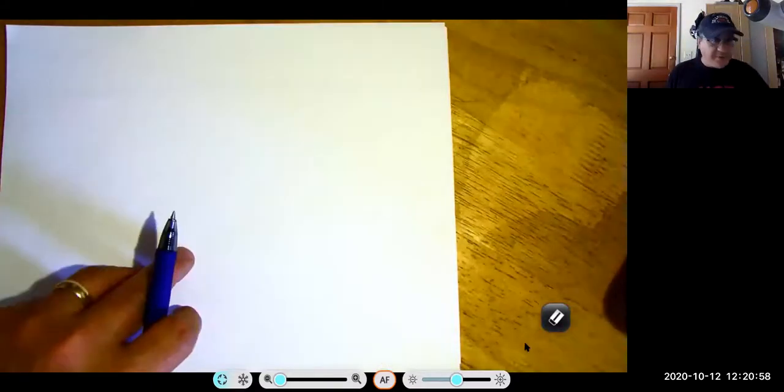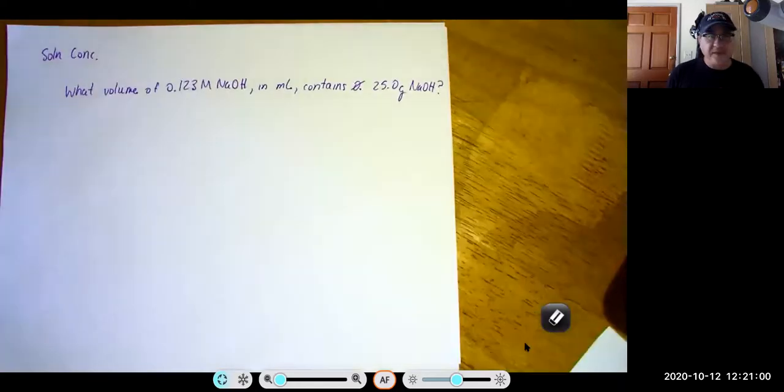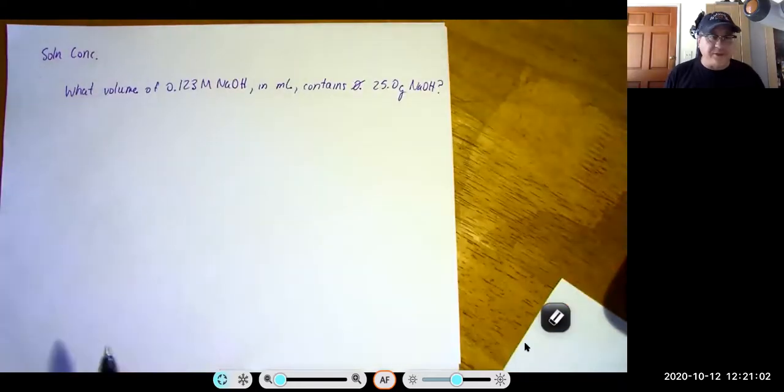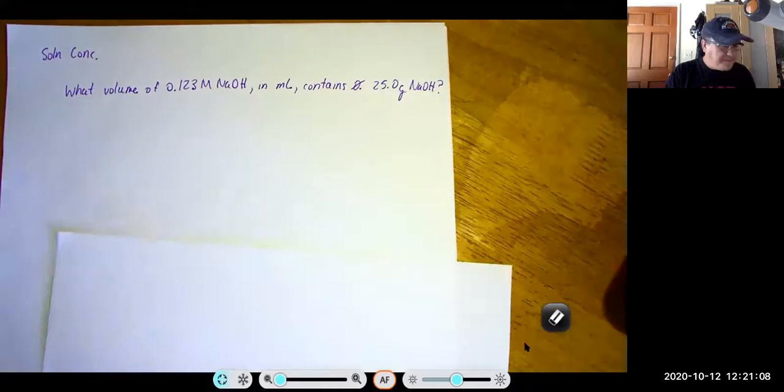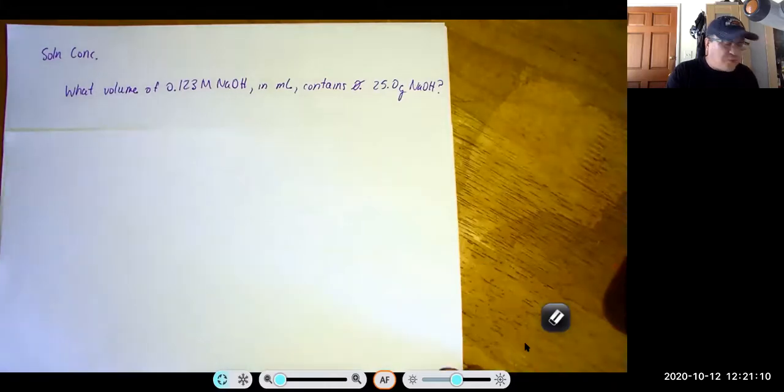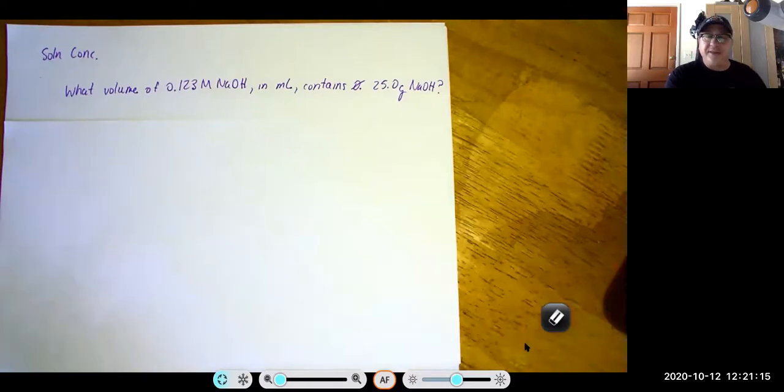Here's a question from the book. I'm not sure, am I sharing my screen with you so that you can see the question? Yeah. Okay, so here, I'm going to go through how to do this problem. And once you are good with my explanation, you're going to give me a thumbs up, and then we'll move on. If you're not good with my explanation, I expect you to unmute yourself and ask a question.